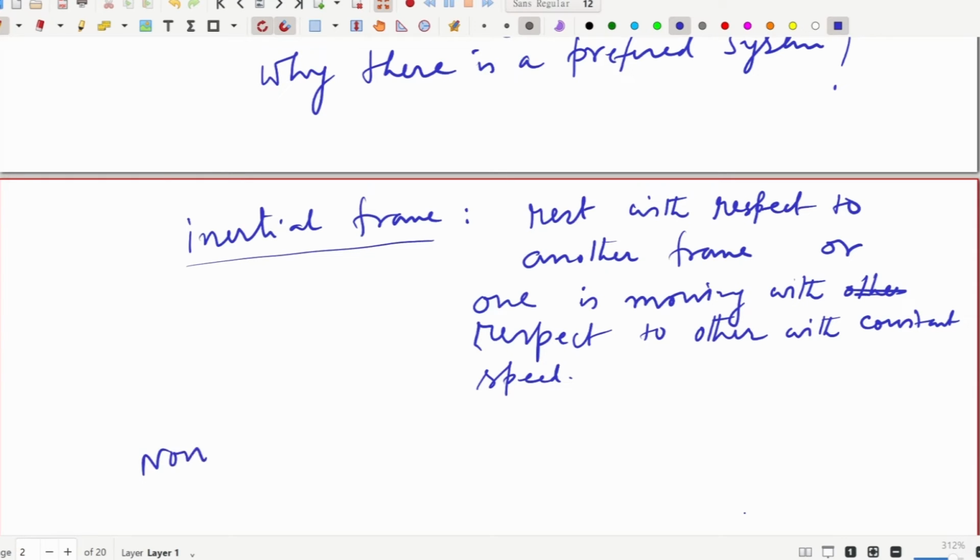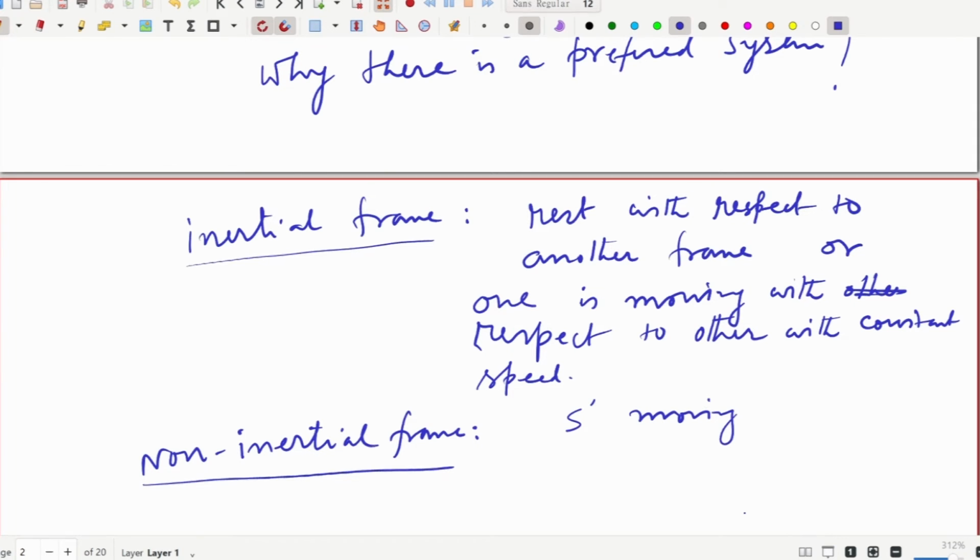For example, if you have a frame, say S prime, moving not at constant speed but with acceleration with respect to S, then this is called a non-inertial frame.